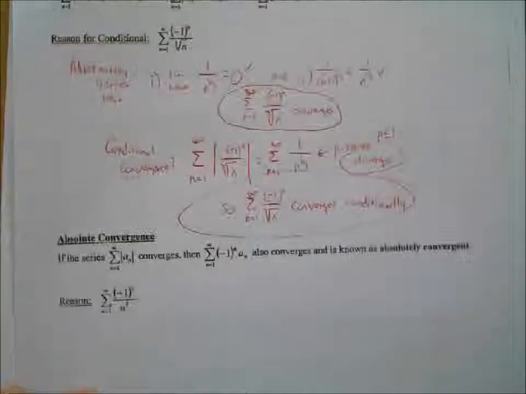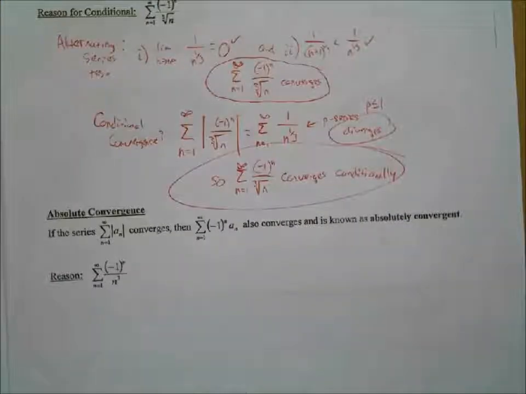Okay, so if we know something converges conditionally, we know it must also converge, right? A conditional convergence means the alternating series definitely converges.